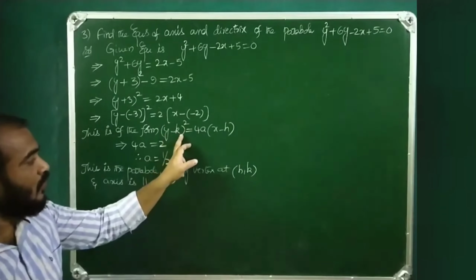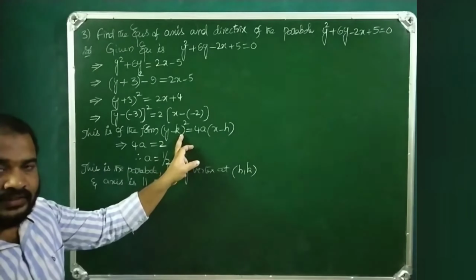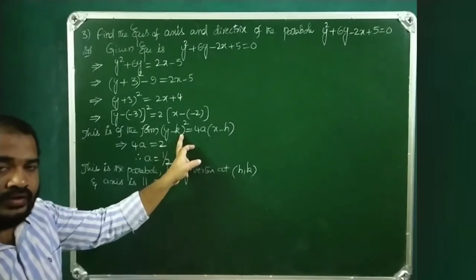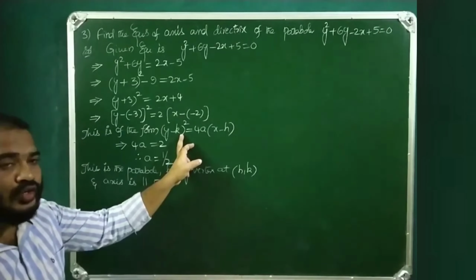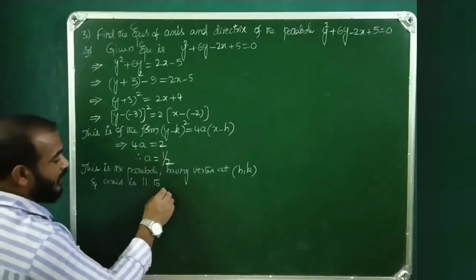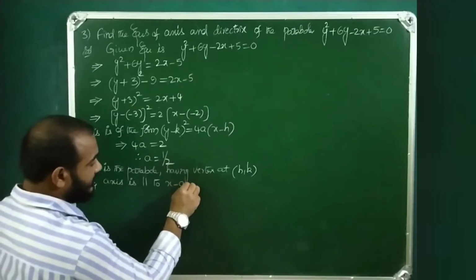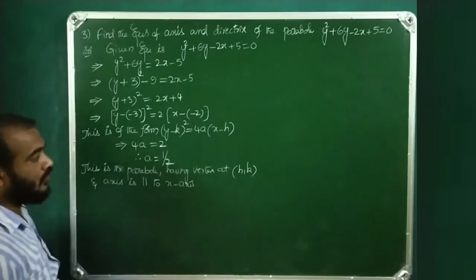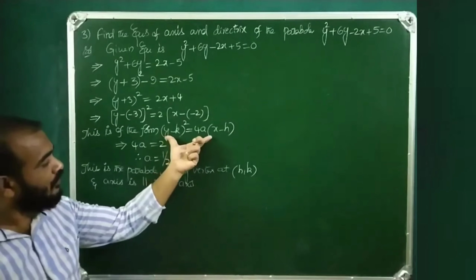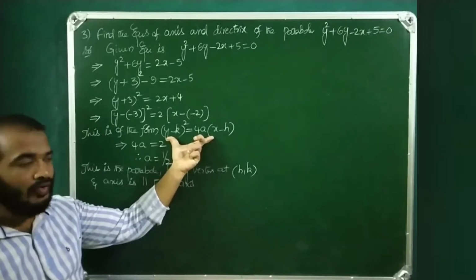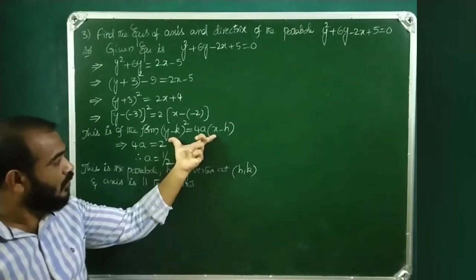Here y minus k whole square, axis is parallel to x axis. So you need not remember the features of this y minus k whole square equals 4a into x minus h.